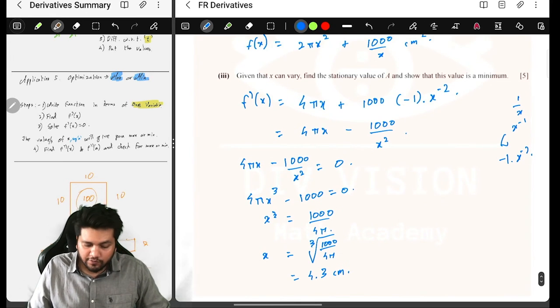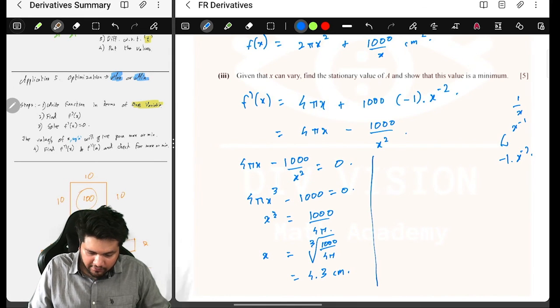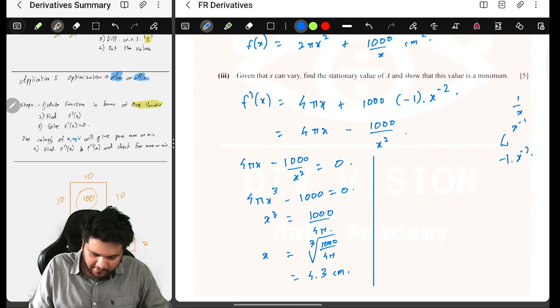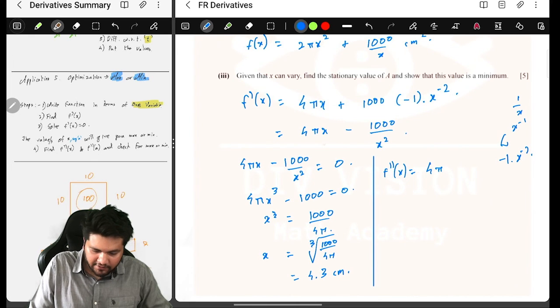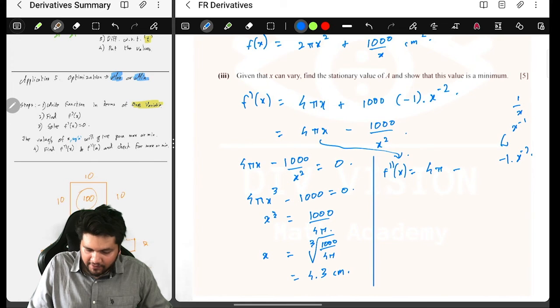Now you just need to prove whether it's going to be maximum or minimum. So we are just going to double differentiate this thing. F dash of x we got. So f double dash of x is going to be what? Let me write down f dash of x again. f dash of x was 4 pi x minus 1000 x to the power of minus 2.